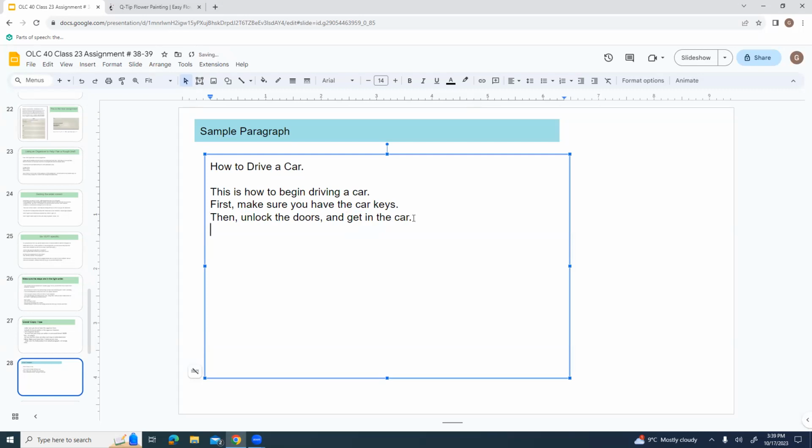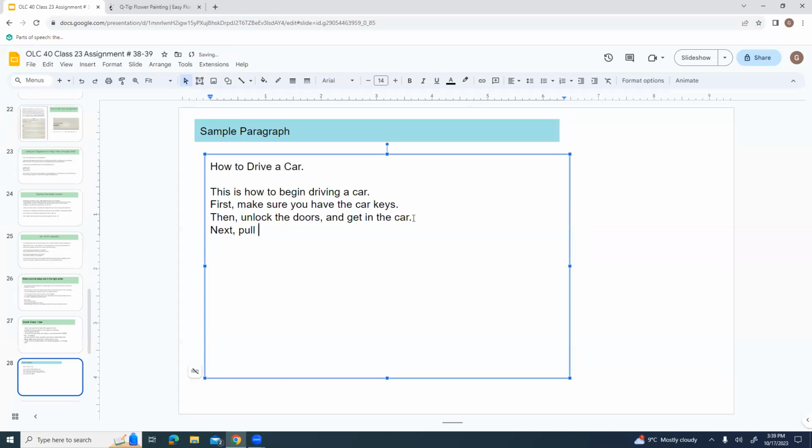What do they need to do first? Well, before they do anything else, they've got to put their seatbelt on. Okay. So next, put your seat belt... Oh, how do I say put your seatbelt on?